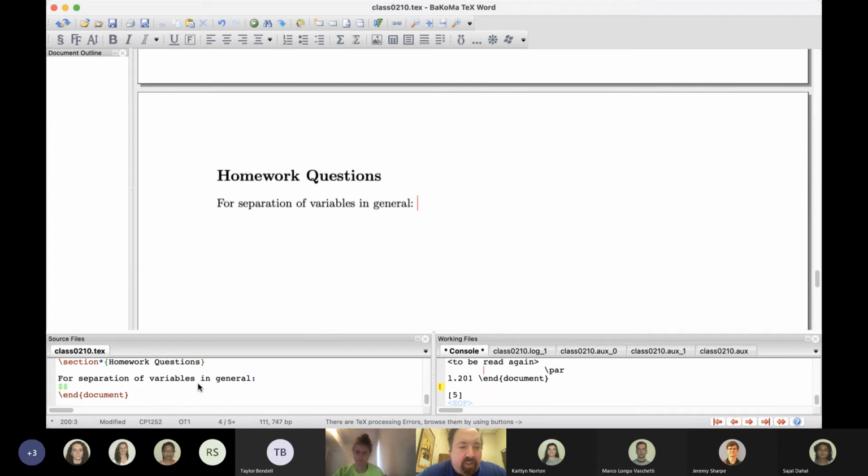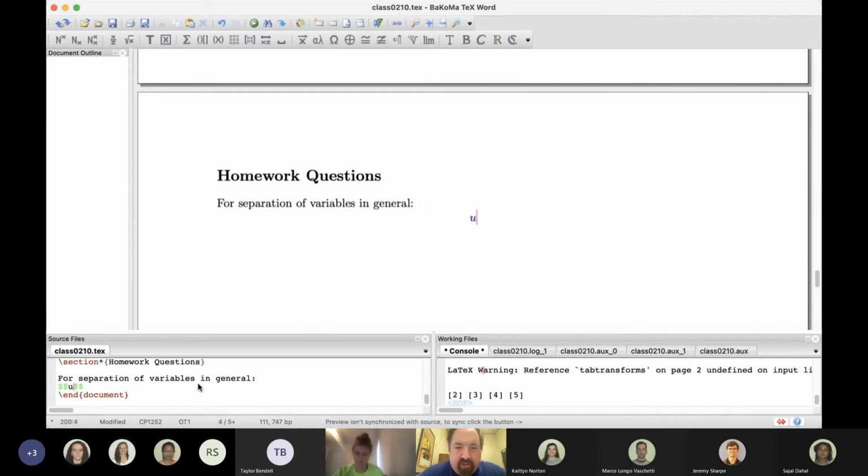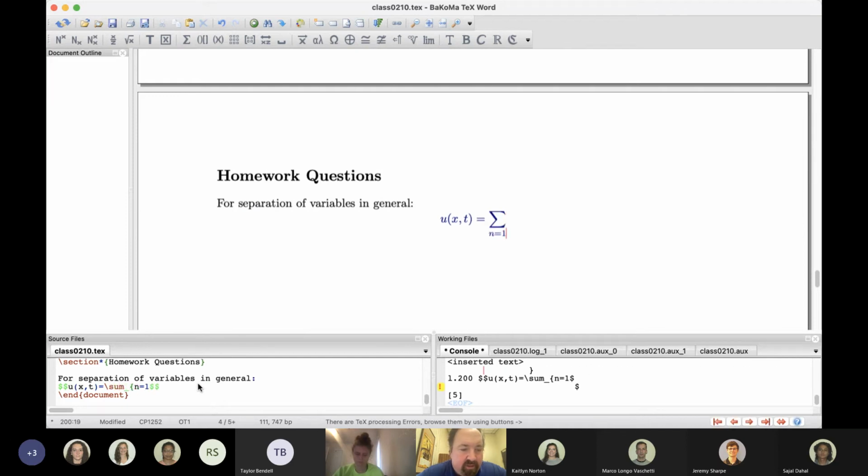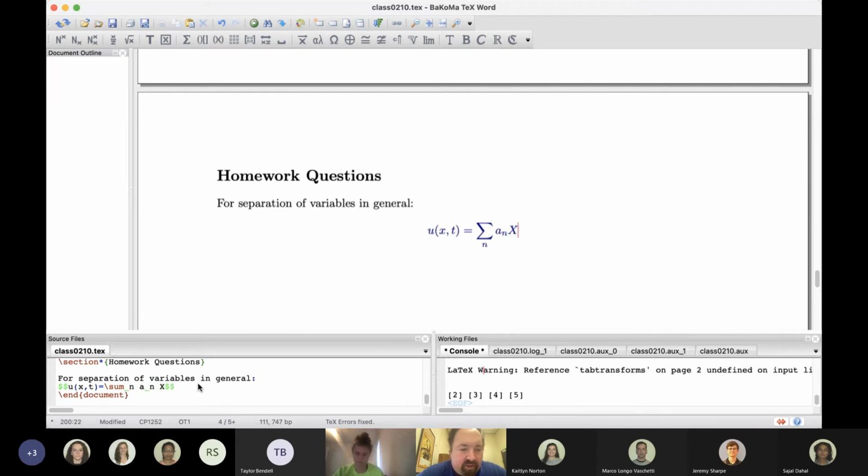All right. So in all these separation of variables problems, regardless of the particulars, your solution is some linear combination.